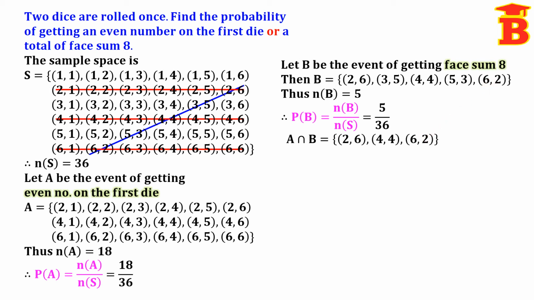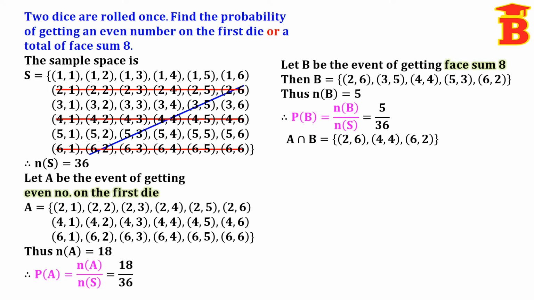Just take and write the intersecting points, that is red color and blue color meeting points. See this is 2, 6. This point 4, 4 and this point 6, 2. So just red and blue meeting points are the intersection.